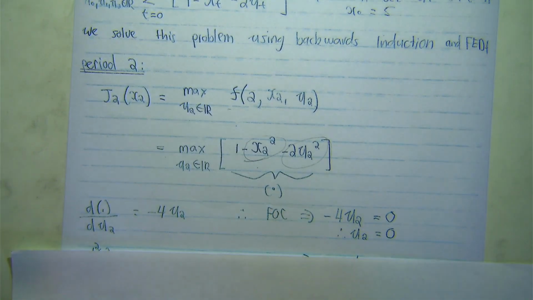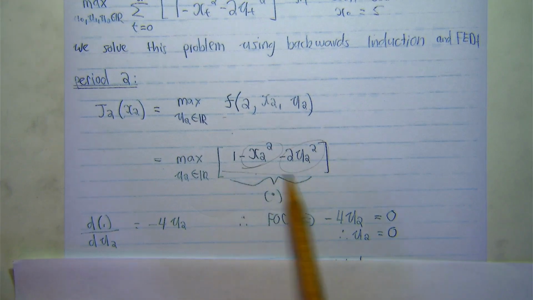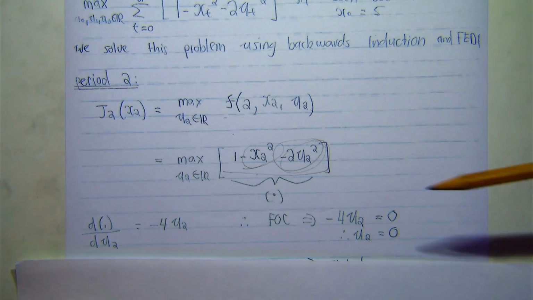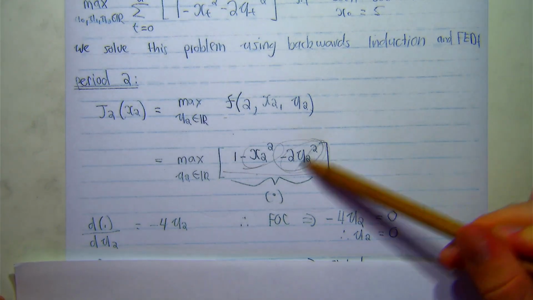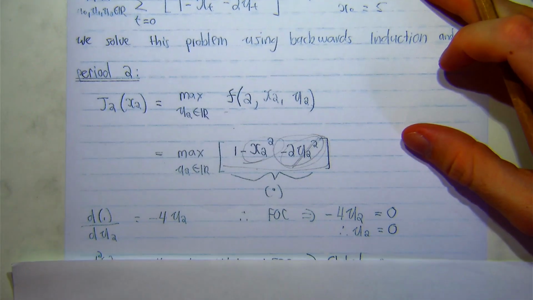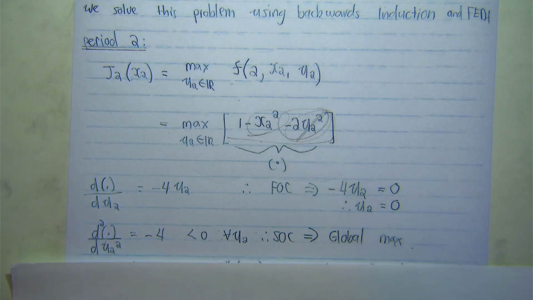Okay, and the quick answer to that is if you want to maximize this whole thing, you want to set u equal to 0, because when u is 0, then you will not subtract anything from this u2 squared. And that gives us here u2 equal to 0 as our optimal.